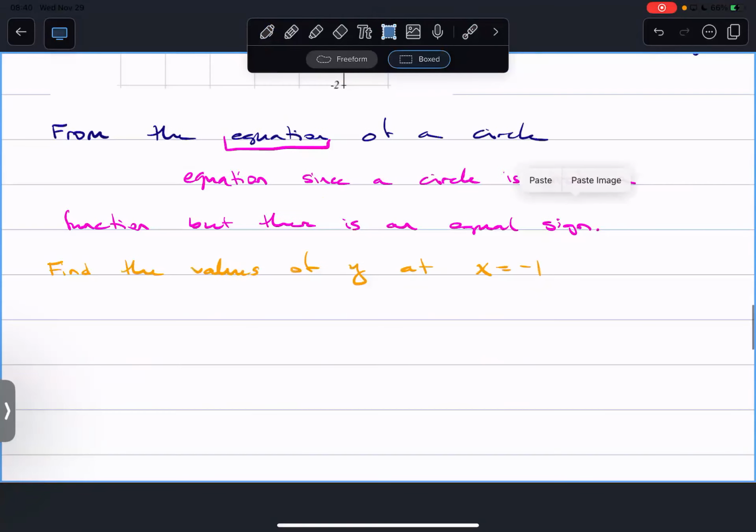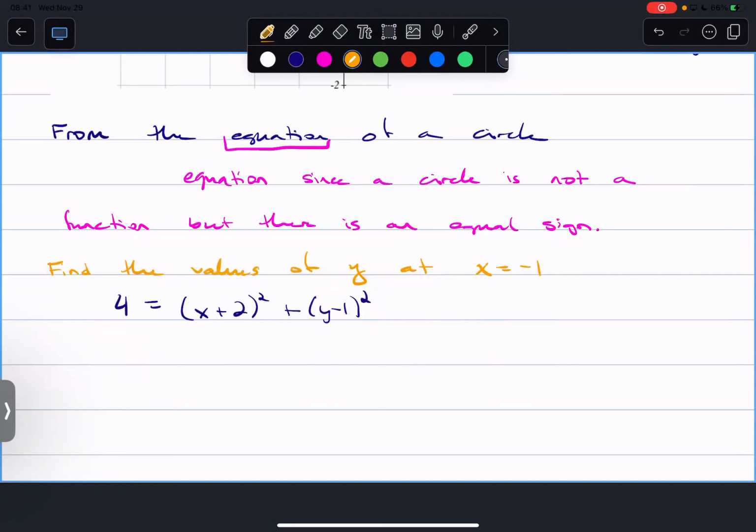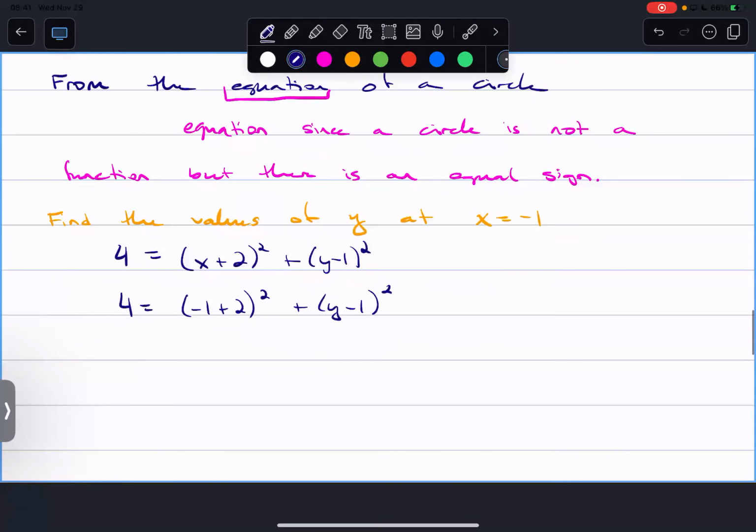Copy. Paste. So then I get 4 is -1 plus 2 squared plus y minus 1 squared. Okay. -1 plus 2 is 1. 1 squared, I'm just going to go straight to 1. Plus y minus 1 squared.